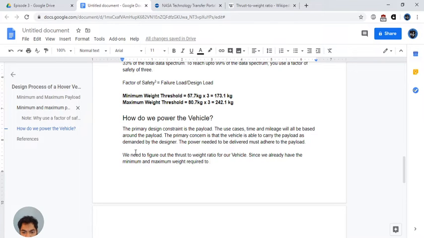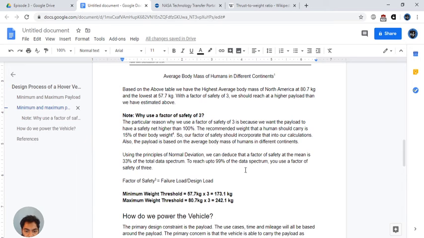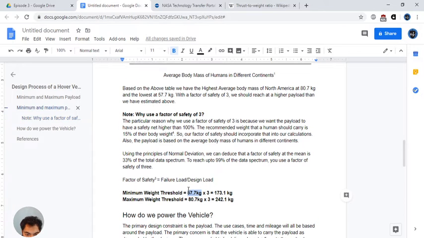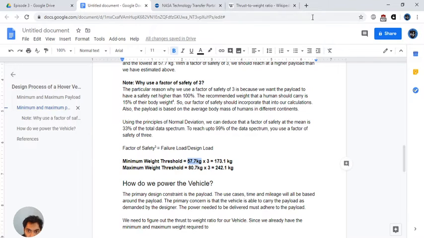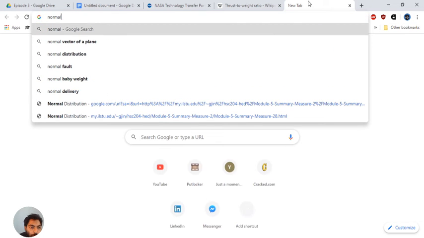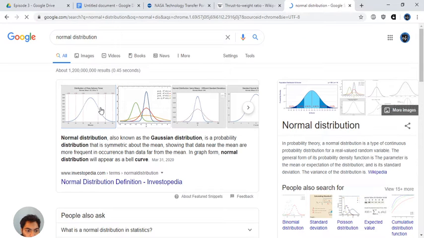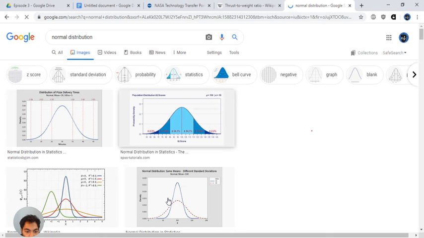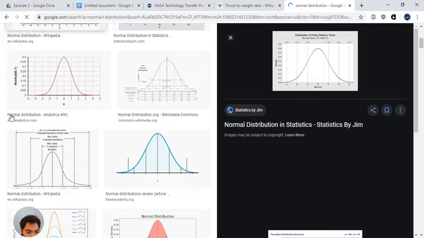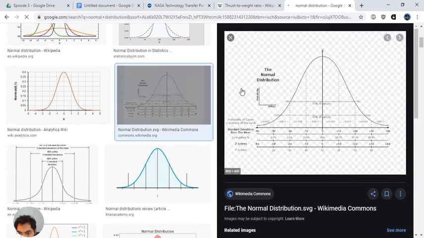since we already have the maximum and minimum, let me explain this a little bit. You have 57.7 kg, right, and you have the normal distribution curve. I just remember this off the top of my head. So you have 57.7 kg right here.